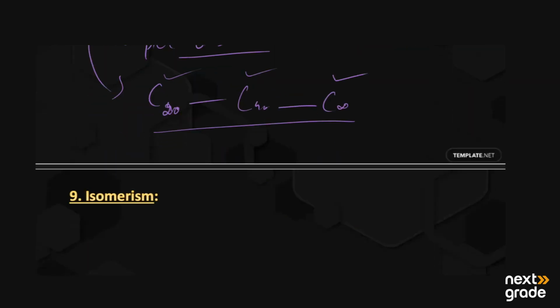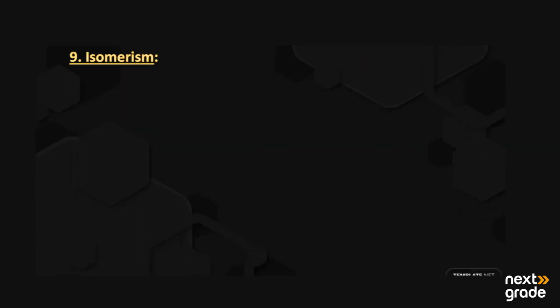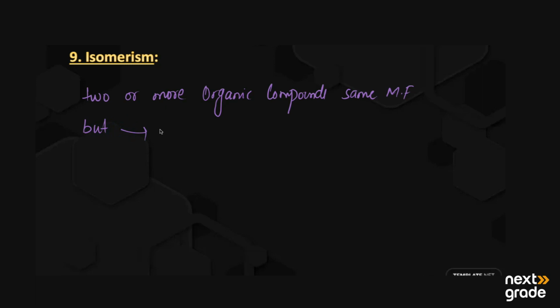Next, we have the ninth property of the organic compound. It is their isomerism. Isomerism is that phenomenon in which two or more organic compounds can have the same molecular formula, but they differ in the structural formula.